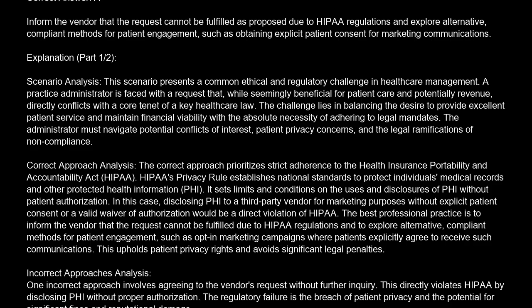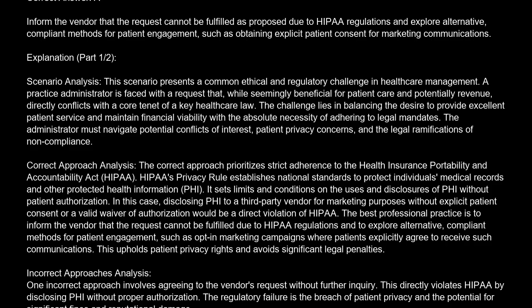prioritizes strict adherence to the Health Insurance Portability and Accountability Act, HIPAA. The HIPAA privacy rule establishes national standards to protect individuals' medical records and other protected health information. It sets limits and conditions on the uses and disclosures of PHI without patient authorization. In this case, disclosing PHI to a third-party vendor for marketing purposes without explicit patient consent or a valid waiver of authorization would be a direct violation of HIPAA.